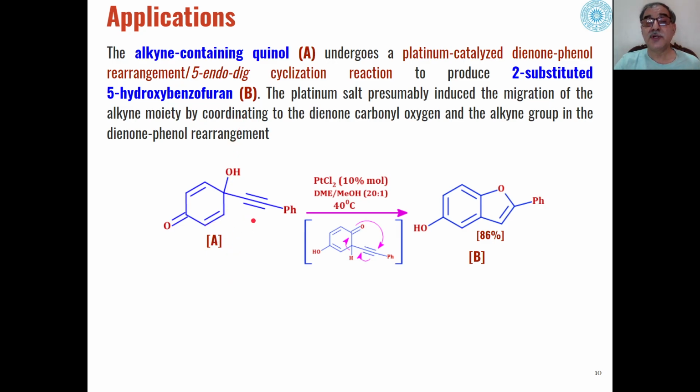For example, in this particular compound, when it is reacted in the presence of platinum chloride, this platinum chloride coordinates with the hydroxyl group, and there is a shifting of this H from here to this oxygen by movement of this pi bonded carbon-carbon double bond and this carbon-oxygen, and we will get this type of intermediate formed in the first place.